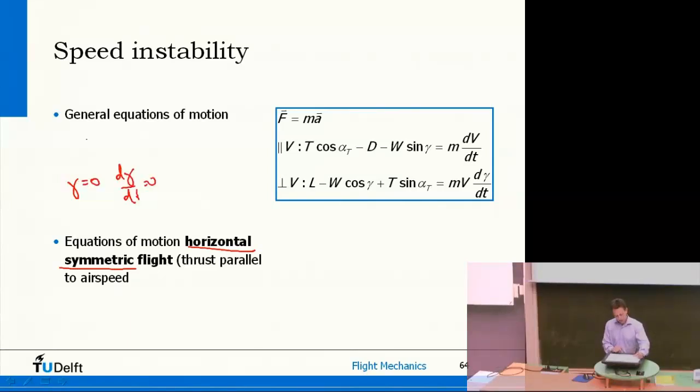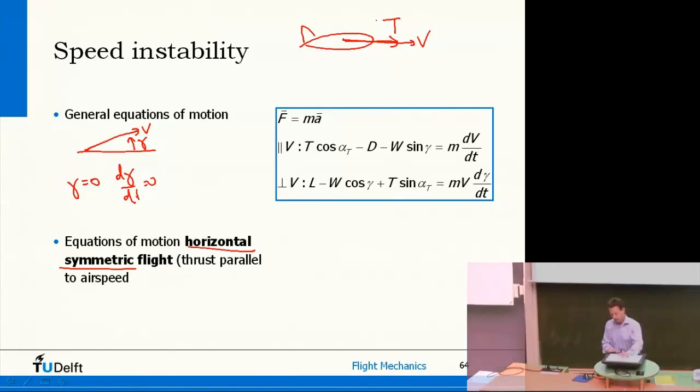The flight path angle is the angle of the airspeed with the horizon. So if you fly horizontally, of course, gamma is 0, and it remains constant. And I'm just assuming that thrust is parallel to airspeed. So if this is the aircraft, and this is the airspeed, I'm assuming that thrust is in the same direction. Now that's pretty much always the case.